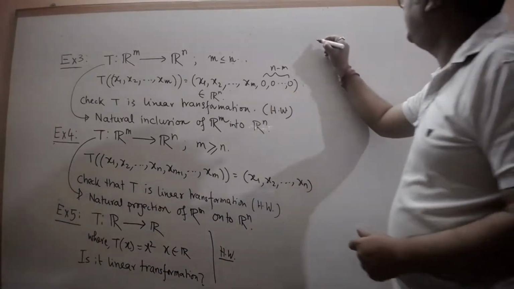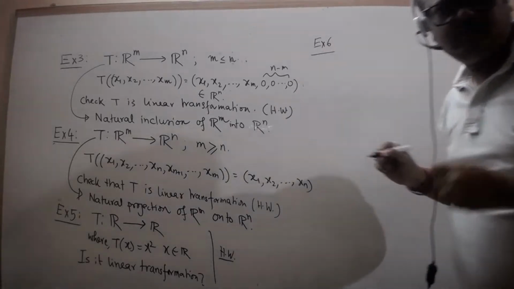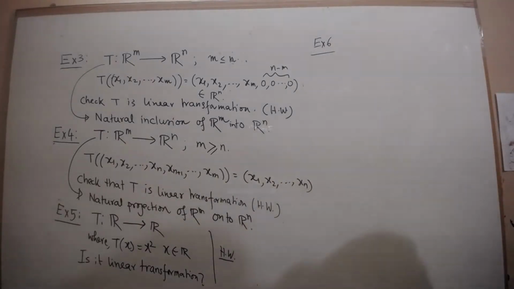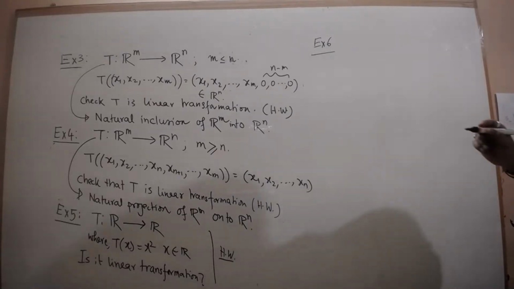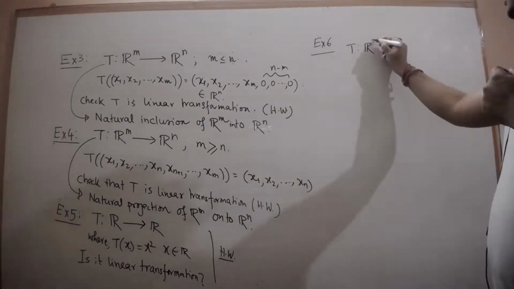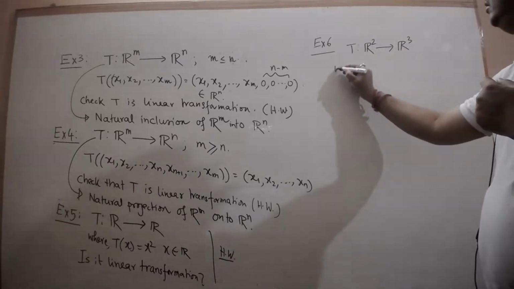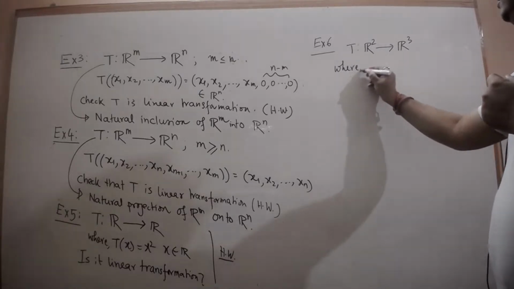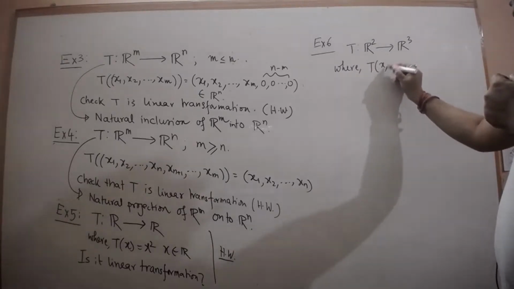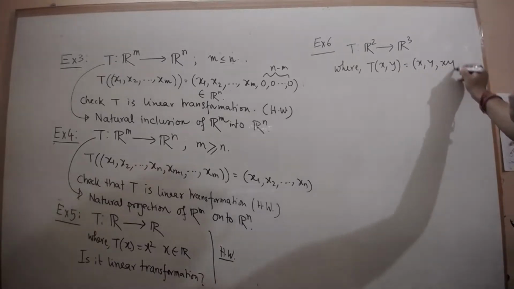Next example, example 6. T from R squared to R cubed, where T(x, y) is equal to (x, y, xy).